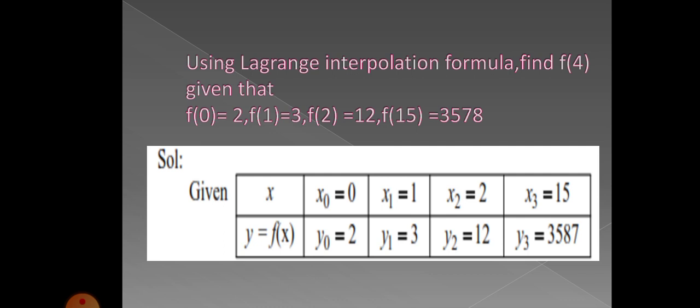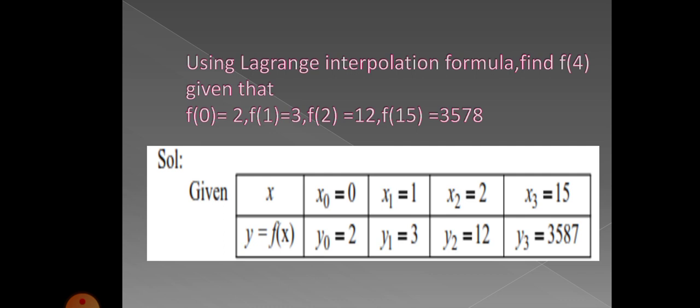That is not y, it is y naught. So you have to consider this y naught, which is f of x naught. So the first value x naught will be 0. Next value f of 1, that is x1, will be 1. Then f of 2, that value x2 is equal to 2.